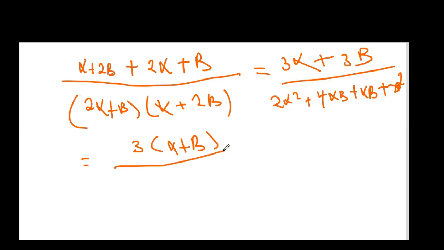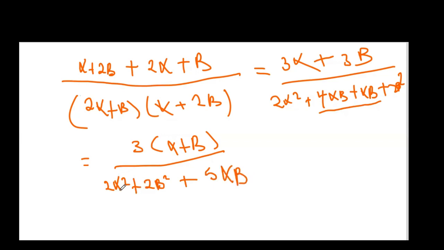Then down there, what are we going to have? We have 2α squared, then plus 2β squared there. And then here we are going to add 4αβ plus αβ. So we are going to have 5αβ there.